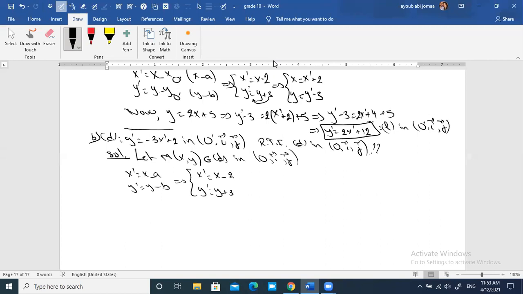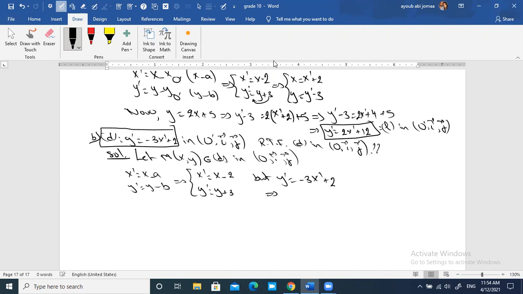You are given the equation of line D: y prime is equal to negative 3x prime plus 2. So we replace x prime by x minus 2 in the equation. y prime is equal to negative 3x prime plus 2.